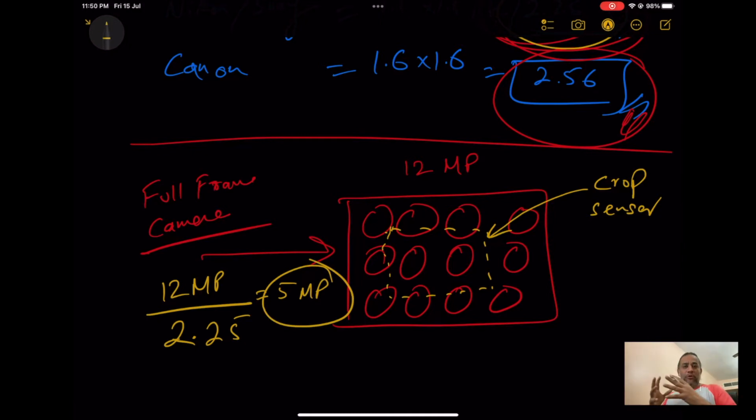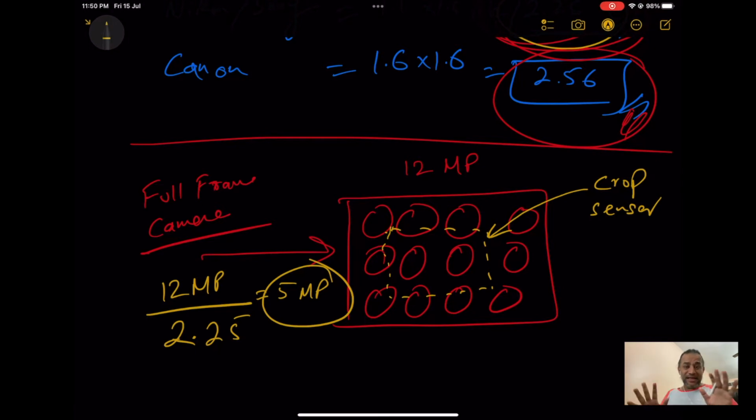So if I have a full frame camera which is 12 megapixel, for example, Sony A7S, Sony A7S2, Sony A7S3, or Nikon D3, D3S, or Nikon D700, we are having 6 cameras in total, which are 12 megapixel, and they are all full frame. All 6 of these cameras are very good in low light.